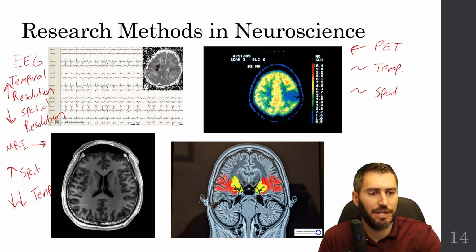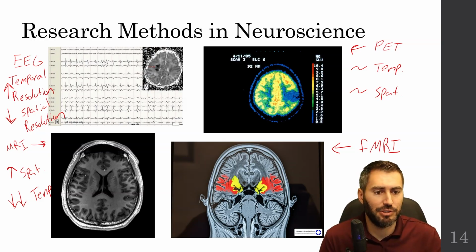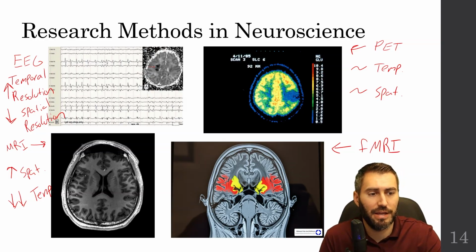And then the last one here we have is an fMRI, which stands for functional magnetic resonance imaging. And this is the most ideal option that we have. It gives us the best of everything. I'd say it has really good spatial and okay temporal resolution.